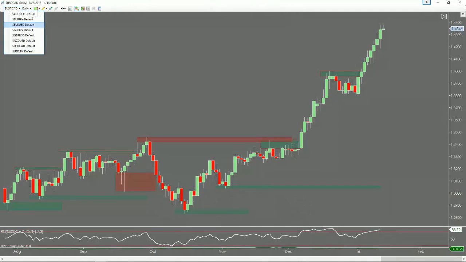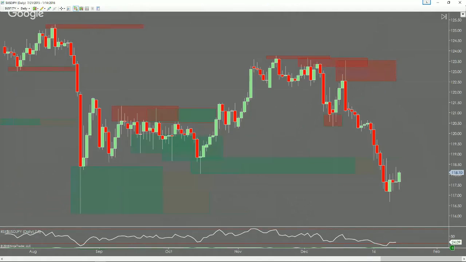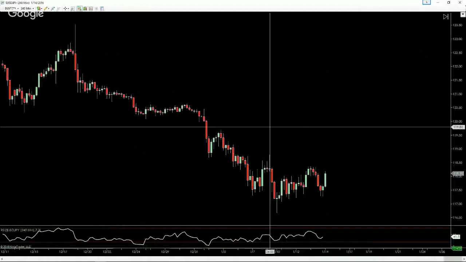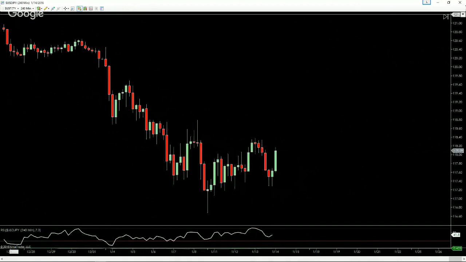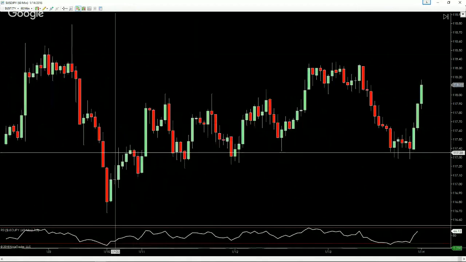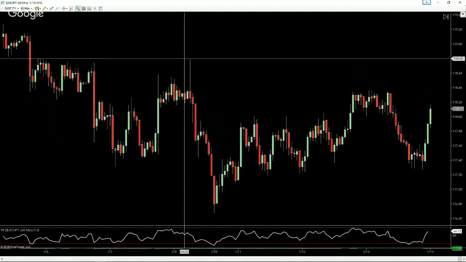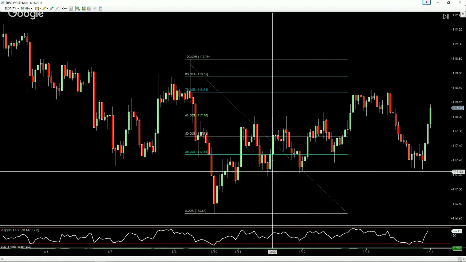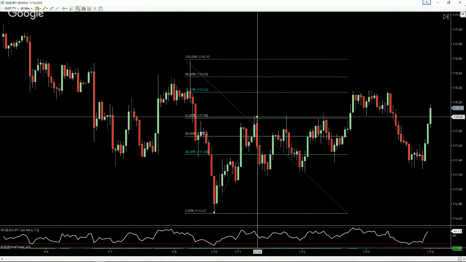Okay, dollar yen, still in that zone of support. 240. Now what we do have in the 60-minute is a completed pattern right here.